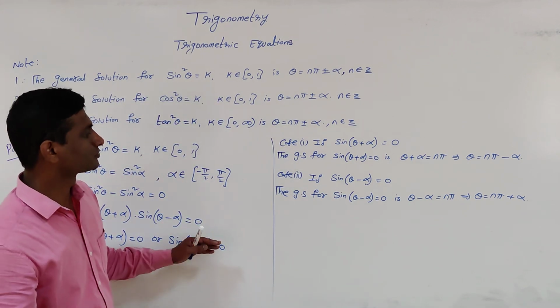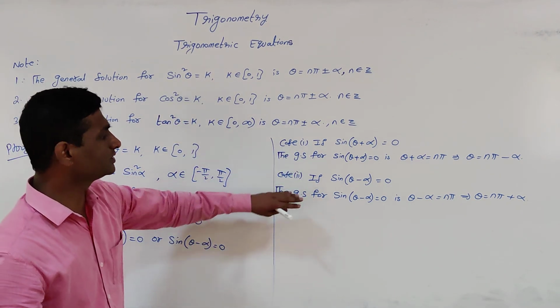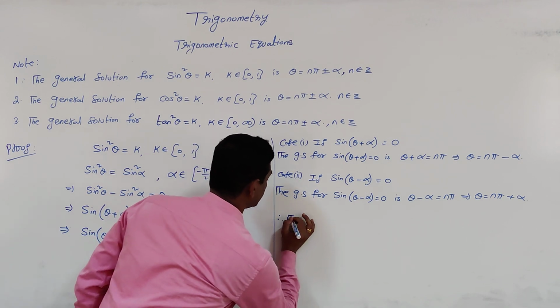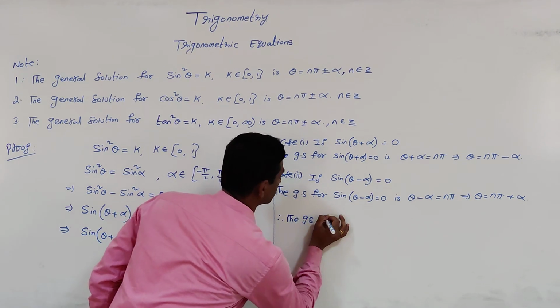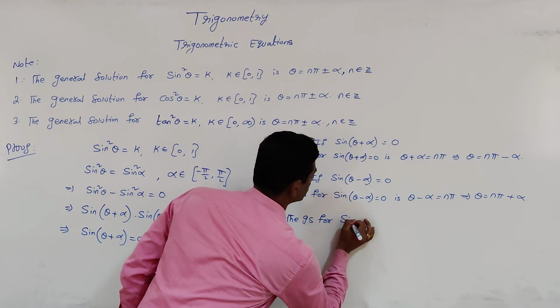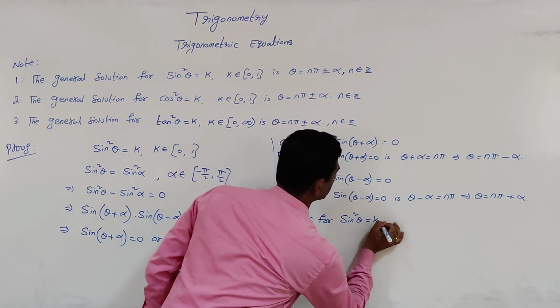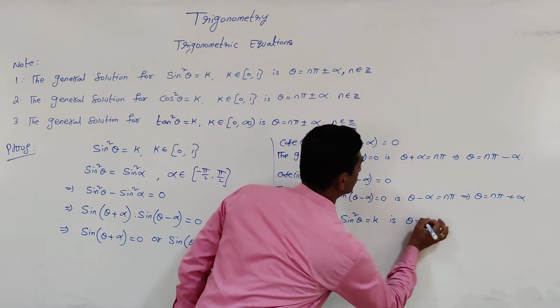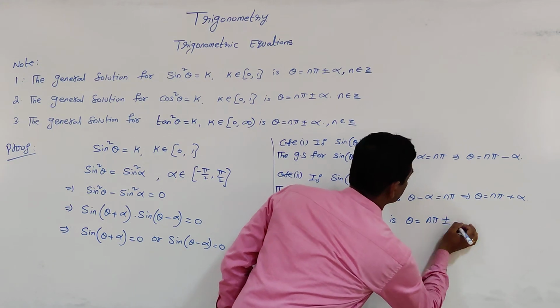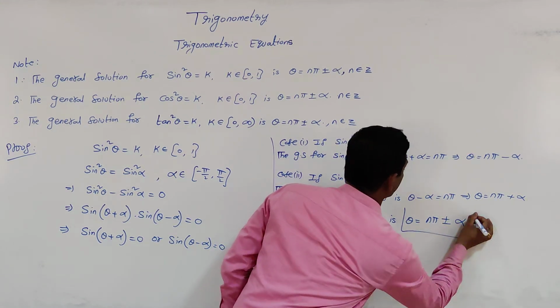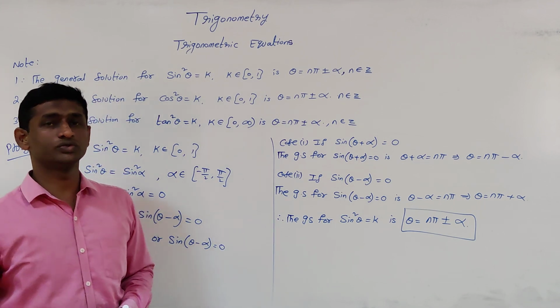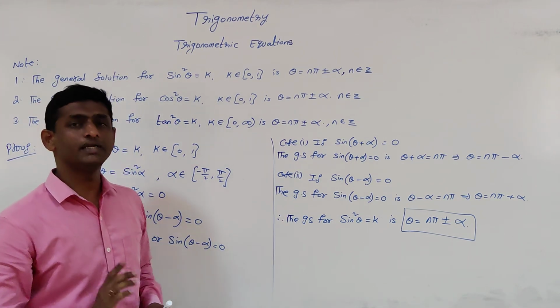Combining these two cases, the general solution for sin square theta is equal to k is theta is equal to n pi plus or minus alpha, where alpha is the principal solution and n is an integer.